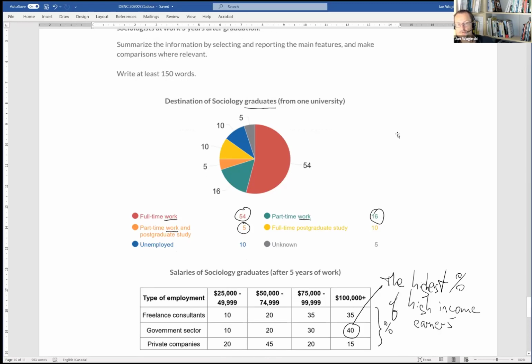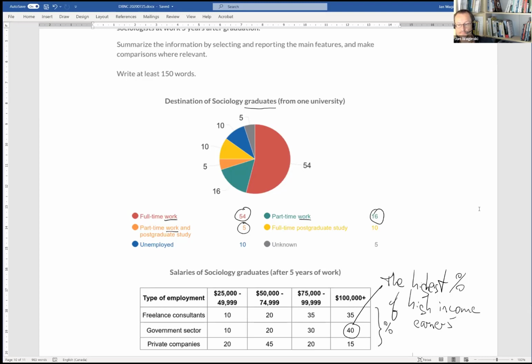Okay, so what's our general pattern going to be? In terms of the pie chart, what's the most general thing you can say about it? Employed and unemployed. Remember, we'll just talk about the general overview first.